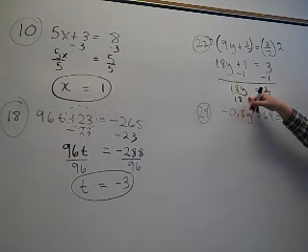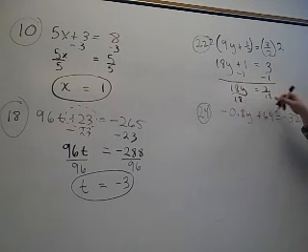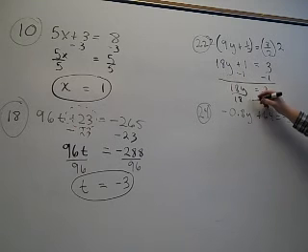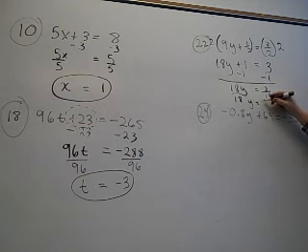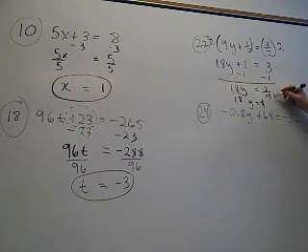Focus on this side first, what needs to be done, and then just make sure you do the same thing to both sides. That leaves us with y equals 2 over 18, which simplifies down to 1 over 9. This is 2 over 2 times 9, and the 2's cancel. We're left with 1 over 9.